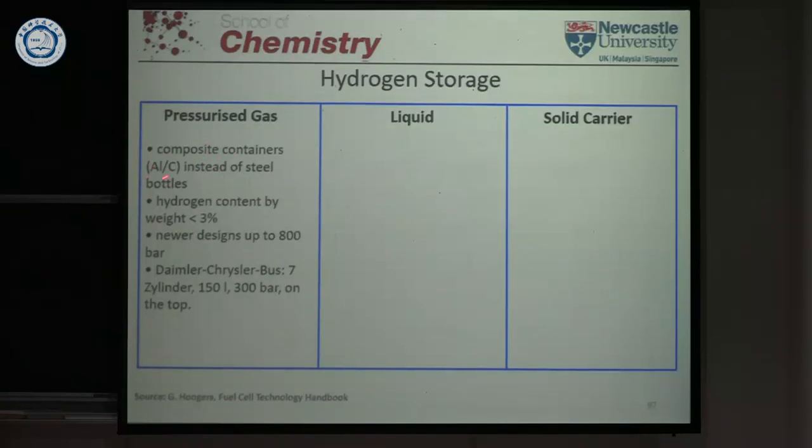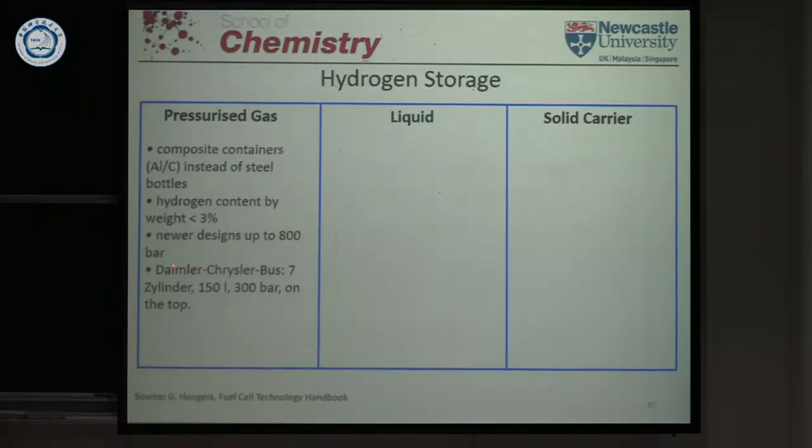Typically what's used today is to have some composite material for the tank, and you don't use steel bottles anymore because they're just too heavy for a car. One can make this composite material strong enough so that it can sustain a fairly high pressure.